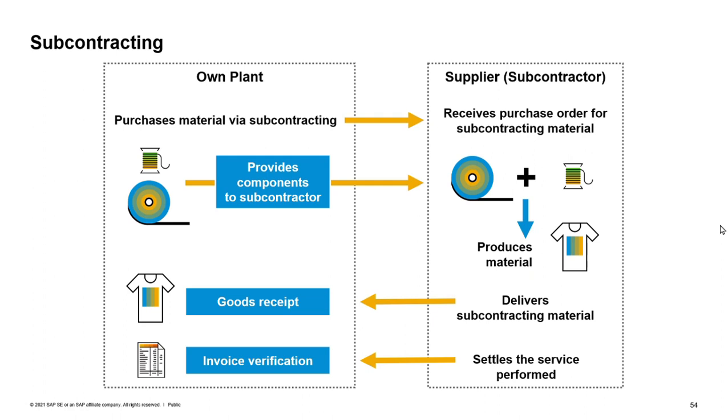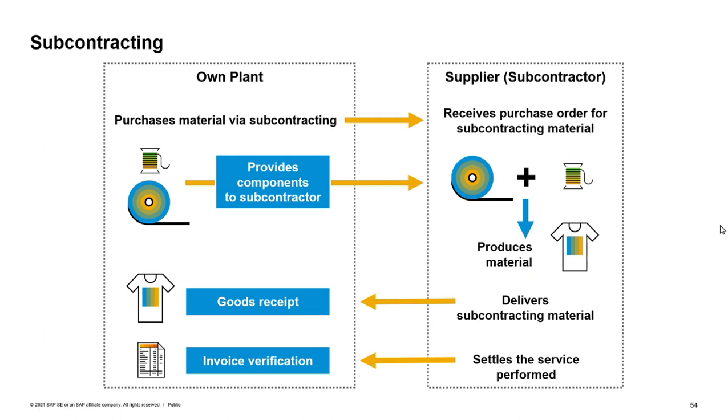It's when you have a bicycle, you have all the items that you produce for having a bicycle, but you don't know how to put the bicycle together, and then you send it to your supplier. Here we have the t-shirt, for example. Maybe you just want to have an item of this t-shirt and you don't know how to do it, so you send it to some business partner.